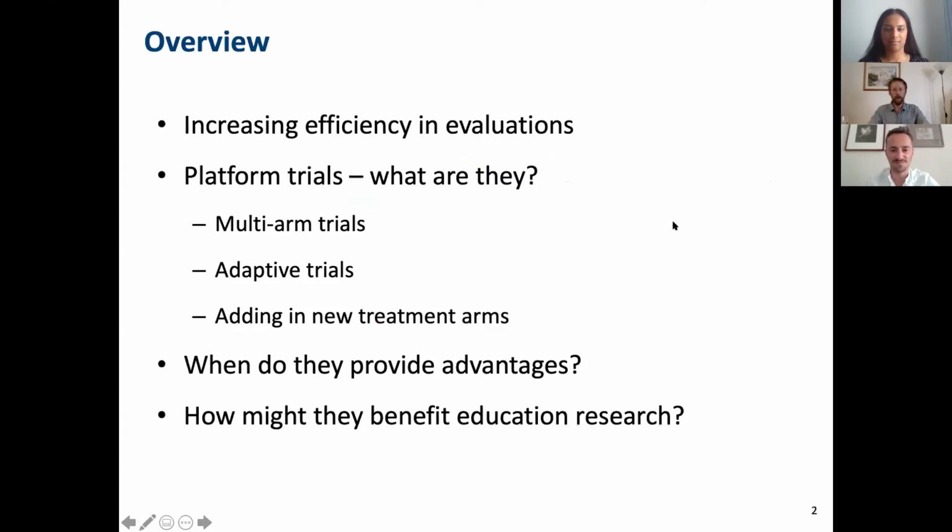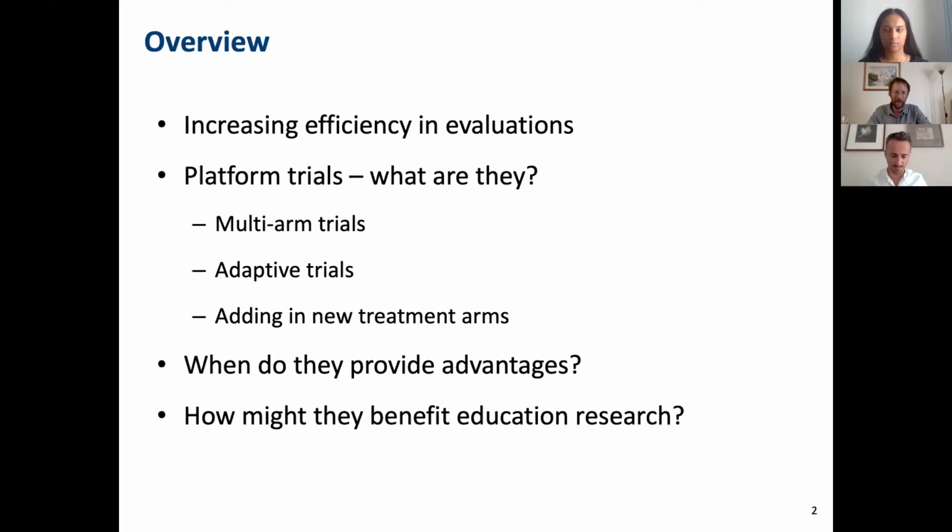Anyway, here's the overview of what I'll be talking about. I'll be talking about evaluations of new interventions and how we do it traditionally, and about how we want to improve efficiency. I propose that platform trials could be a good way of improving efficiency in evaluating interventions. I'll talk a bit about the three different components that make up a platform trial, and you don't necessarily need all three to get an advantage.